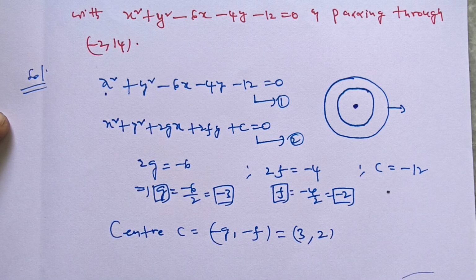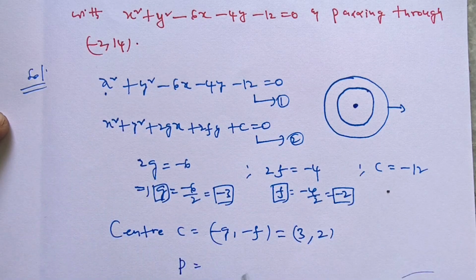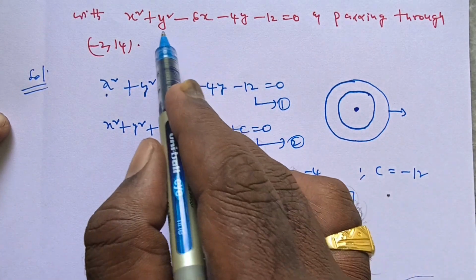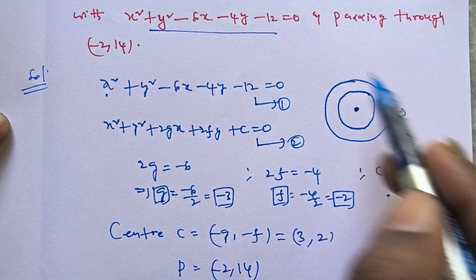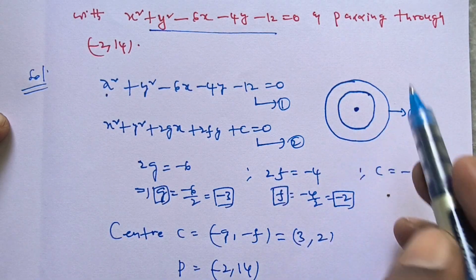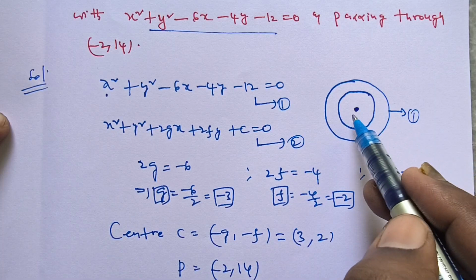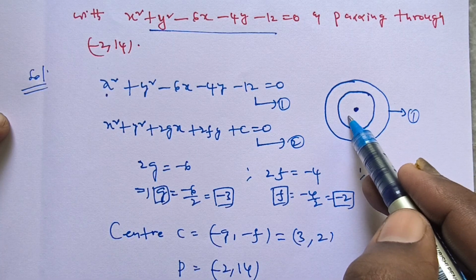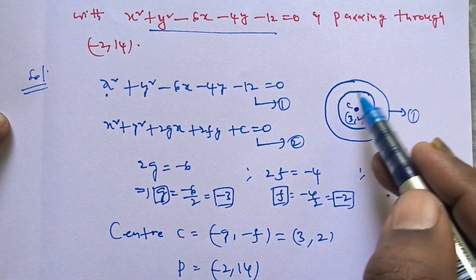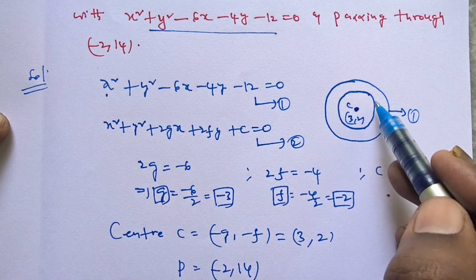So this is the center, and the point it passes through is also given, that is minus 2 comma 14. Suppose this is the given equation, equation number 1. We need to find this circle equation. These two circle equations have the same center, 3 comma 2.